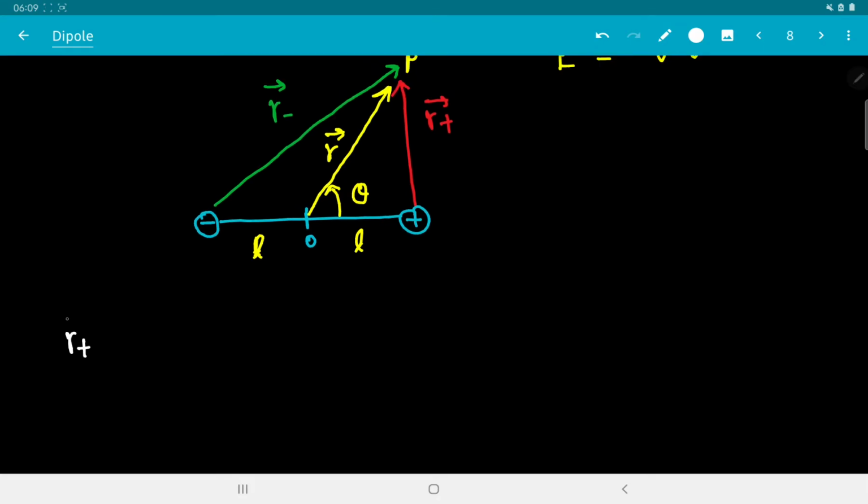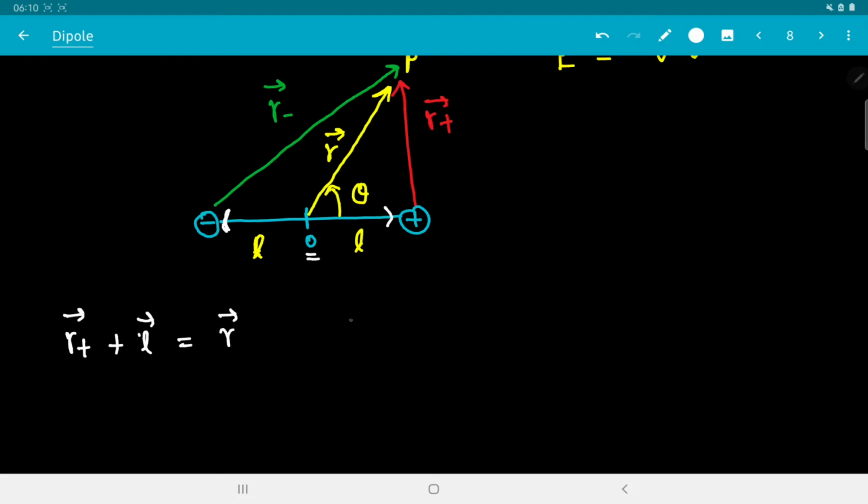You can see that this r positive, this L here, we can see it is in this direction and this is in this direction. If we consider this midpoint to be the origin of the dipole system, we can write this r plus vector plus L vector here will give us this r vector.